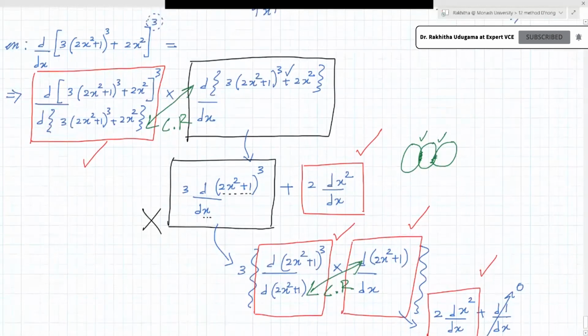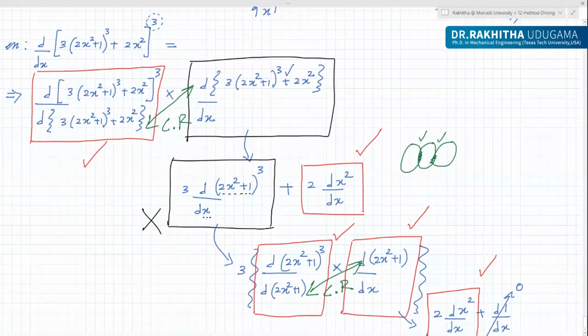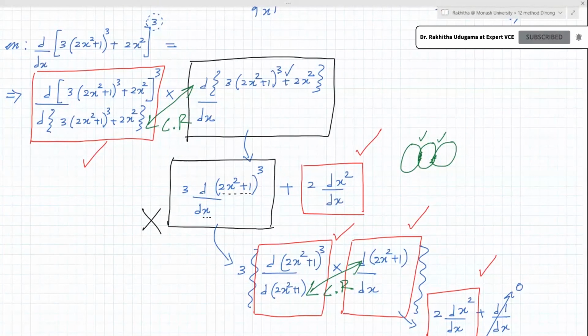Now this question, I don't think you will ever get a question like this. I have never seen a question like this. But what we do now is we are just understanding the material.